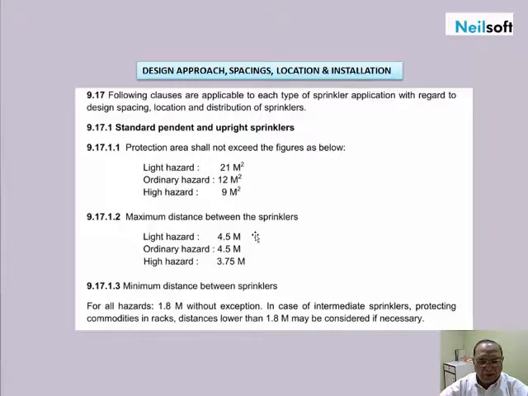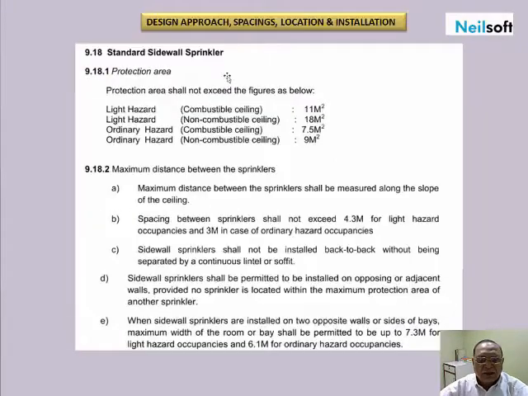And similarly, the sprinklers position accordingly is to be followed. So what we see over here, the standard sidewall sprinklers. These are the area coverage by the sidewall sprinkler for its respective type of hazard.